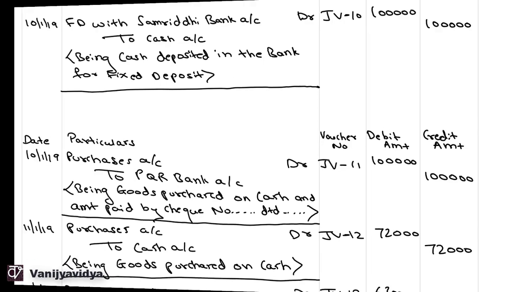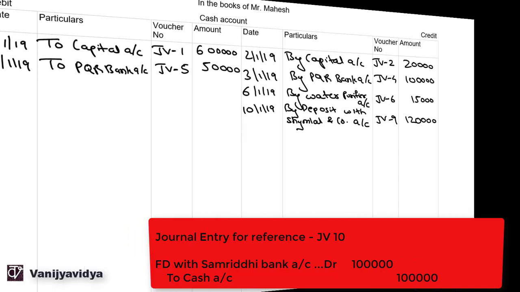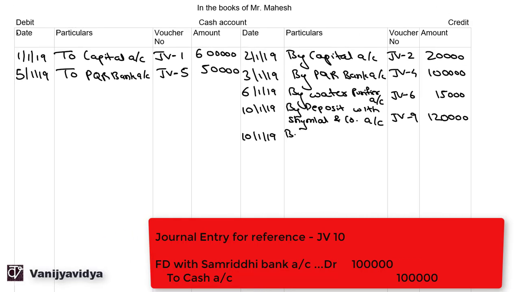Let's post this entry. Fixed deposit with Samriddhi bank account, or you may also call it FD with Samriddhi bank account, debit side 10 Jan 2019 to cash account JV10, 1 lakh. 10 Jan 2019 on credit side of cash account by FD with Samriddhi bank account JV10, amount is 1 lakh.